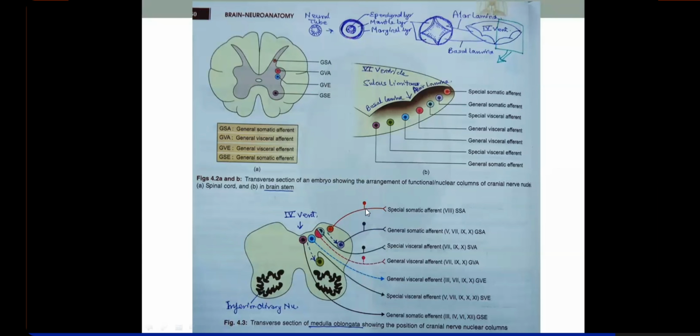And let me tell you that this functional column has 4 nuclei for vestibular fibers. You have an upper vestibular nucleus, lower one is called the spinal vestibular nucleus, and medial and lateral vestibular nucleus. So there are 4 vestibular nuclei here, right?